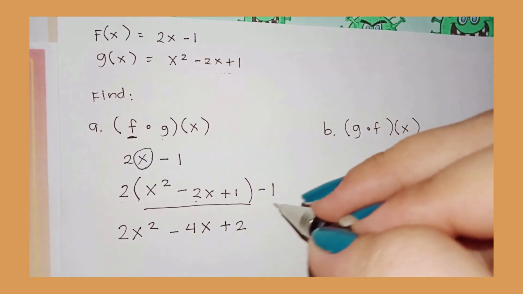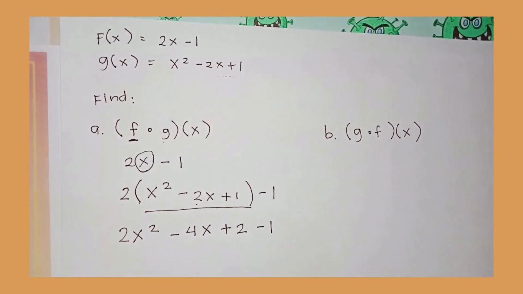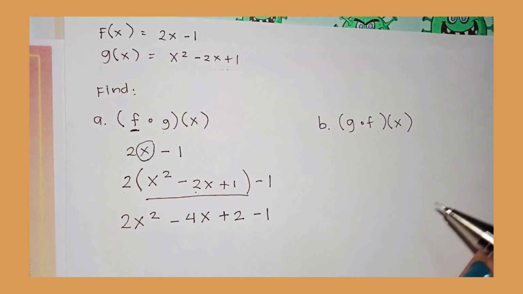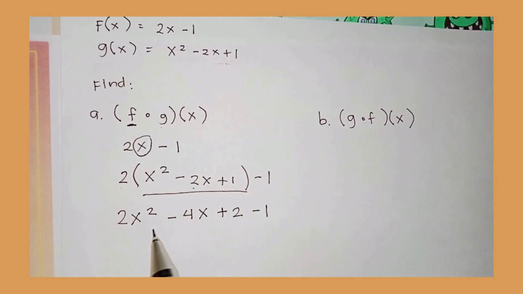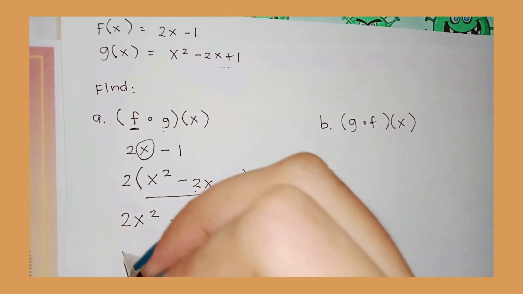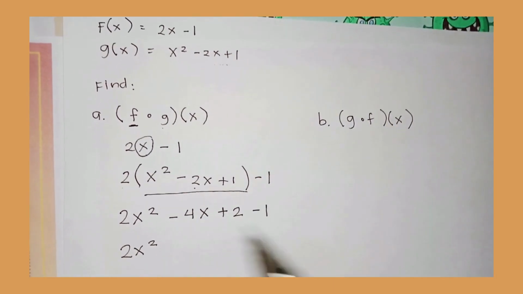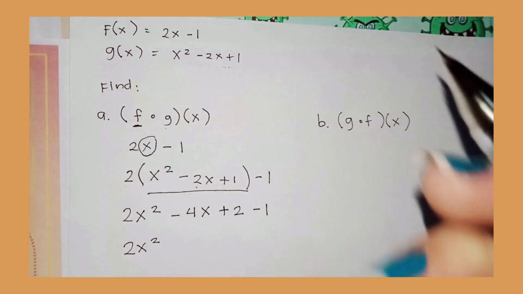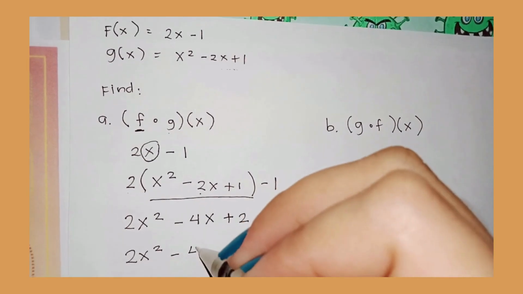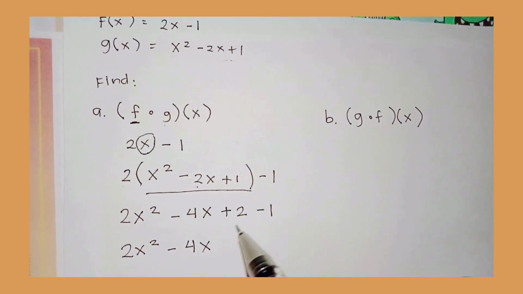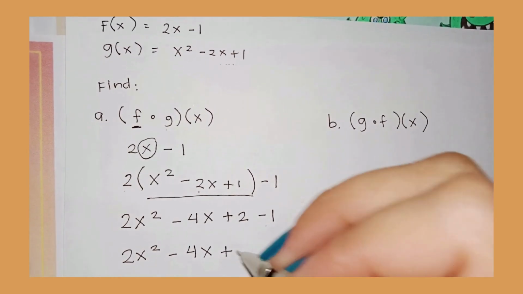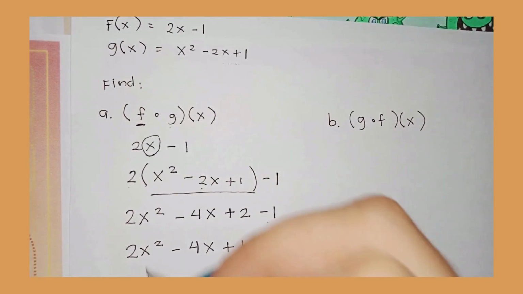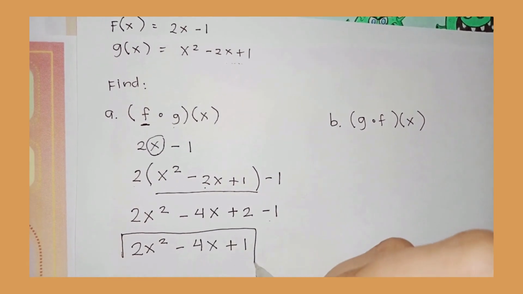And then copy negative 1. Next, simplify natin. 2x squared, bring down na lang natin kasi wala ng x squared maliban dito. Negative 4x, bring down also kasi wala ng x maliban dito. Then, 2 minus 1, the answer is positive 1. This will be our final answer.